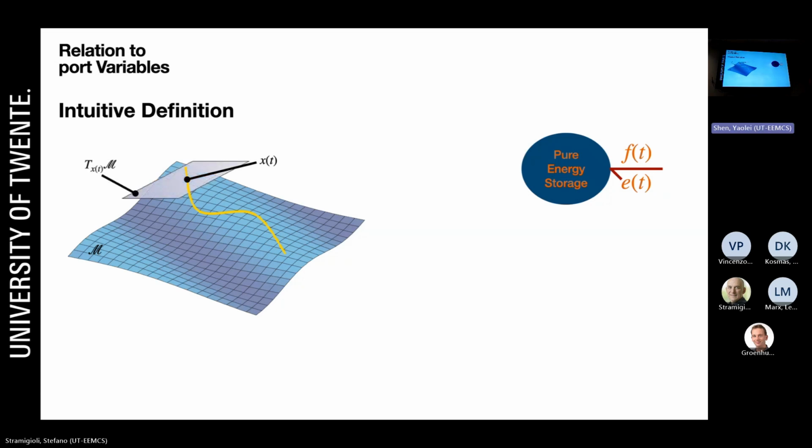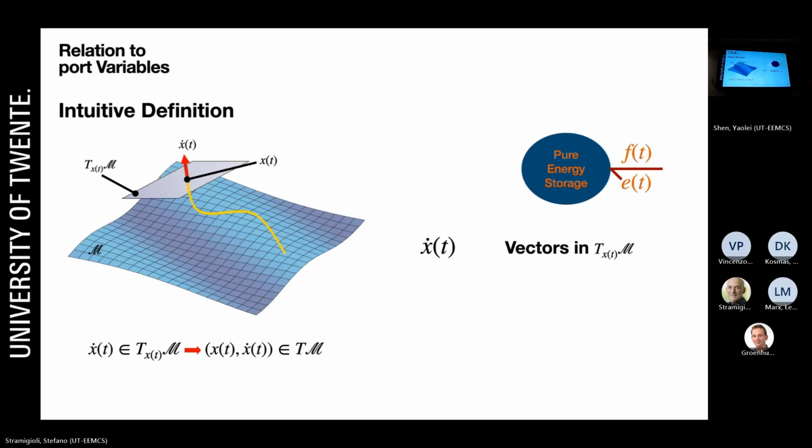If this changes, then there is a change in state, x dot. For what we did, that change in state is a vector in the tangent space at that point. So x of t is a state, x dot of t is the change in state, and it is a vector which belongs to the vector space tangent to the manifold at x of t. Is that clear?